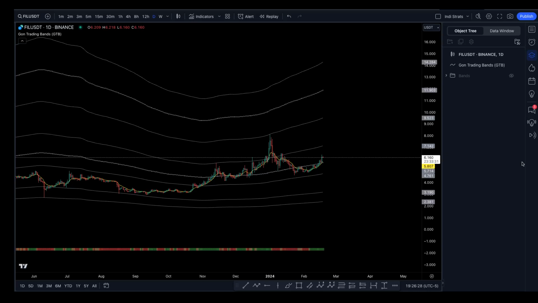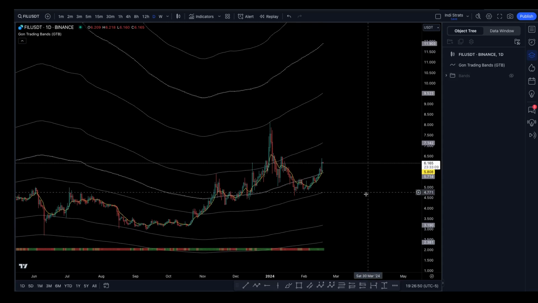So let me start first with if you only want to use the Gon Trading Bands, nothing else, because the DivaRSI and the Gon Conviction are complementary, not necessary, but they can give you better timed entries potentially. But it is possible to only trade using the Gon Trading Bands.